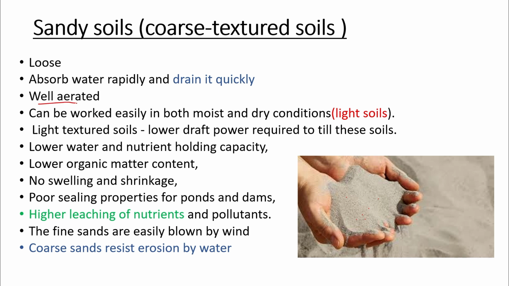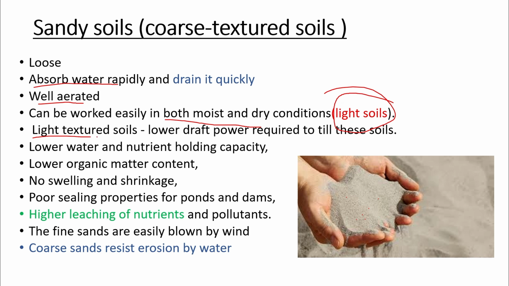Then it is well aerated. Aeration is excellent, and water movement is excellent. So it can be worked easily in both moist and dry conditions. They are known as light soil because we can use tillage in that soil in both moist and dry conditions.